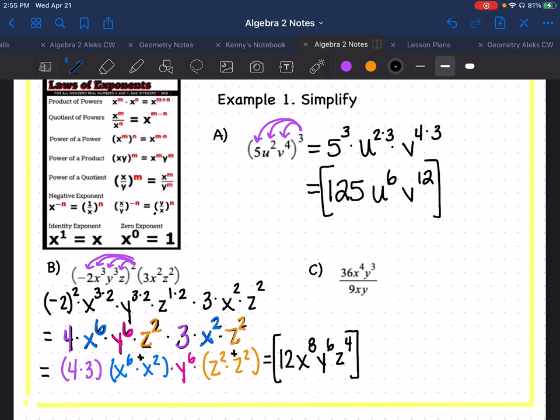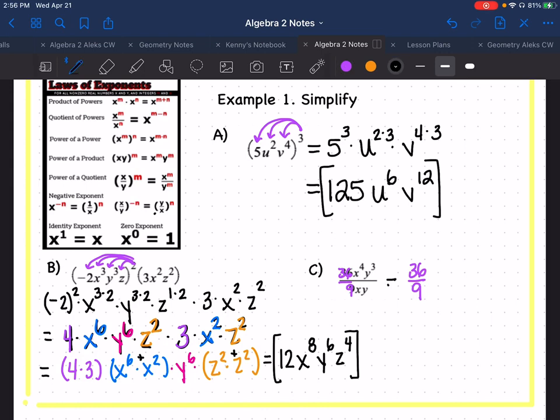All right, and for the last one, for C, we're going to put together our like terms. It's already done. There's no distributing of a power. I'm just going to take the 36 and divide it by 9. So the first thing I'm going to do is say 36 divided by 9.